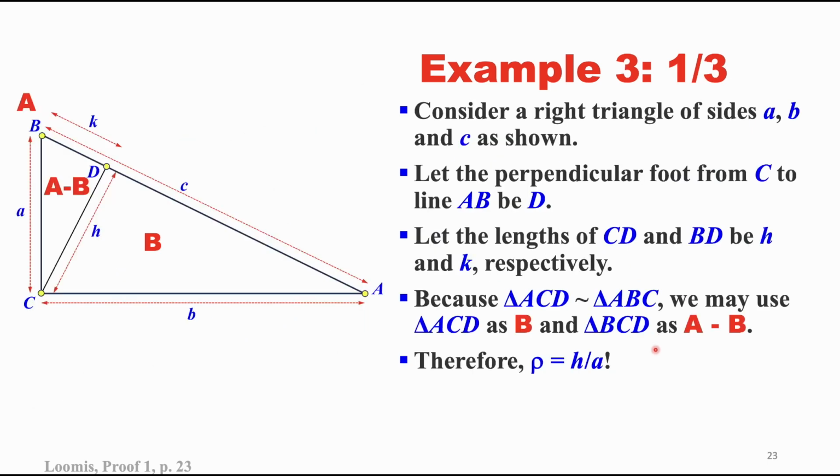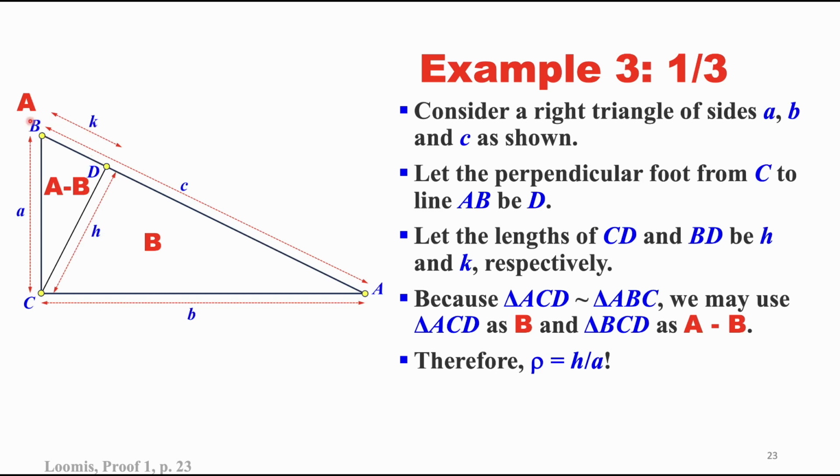Now let's take a look at another simple one. We have a right triangle ABC with a leg of length b and the hypotenuse of length c. We construct a perpendicular from C to the side BA with perpendicular foot D. For convenience, the length of CD, that is the altitude on the hypotenuse, is h, and the length of BD is k.